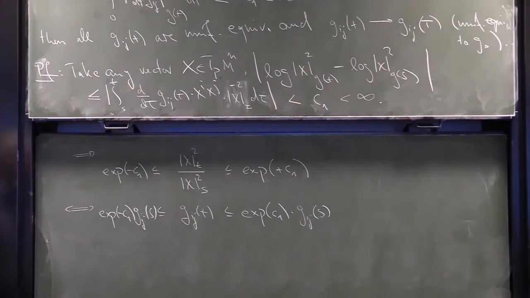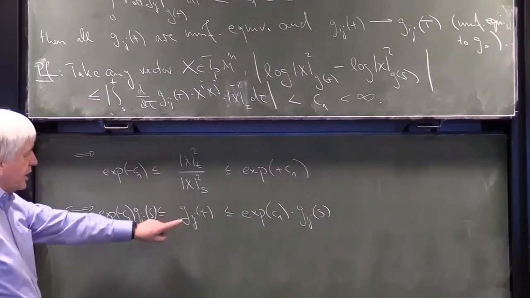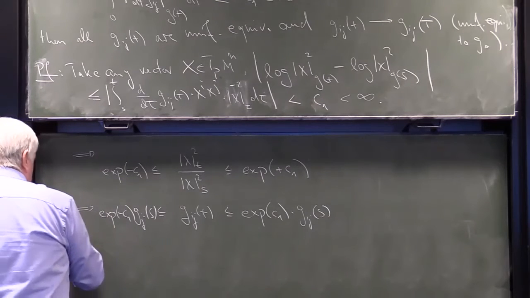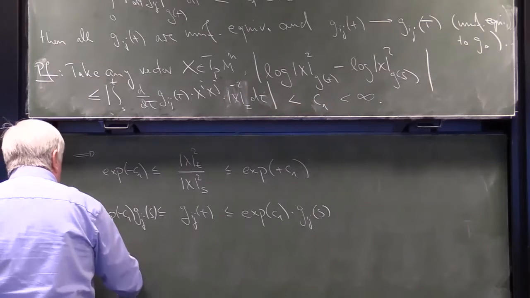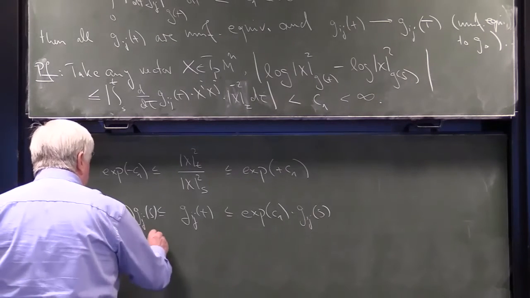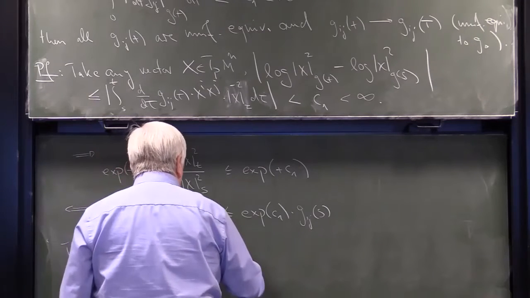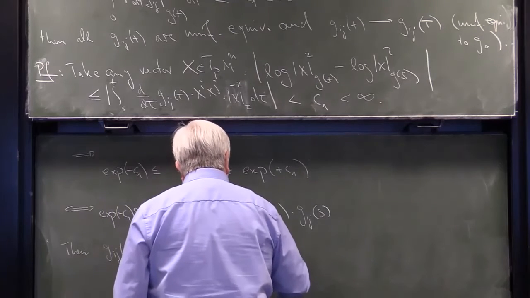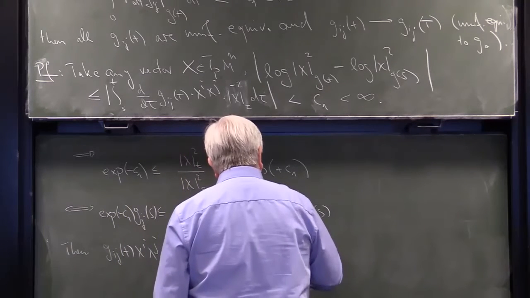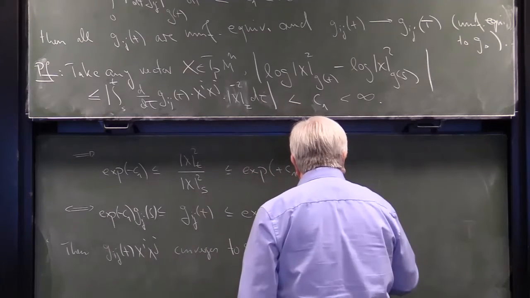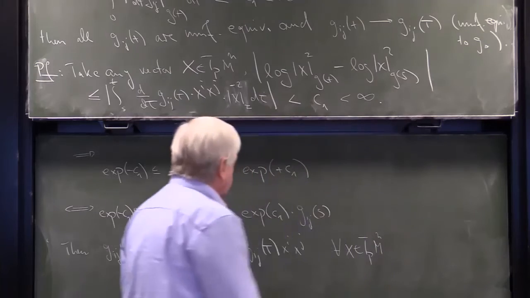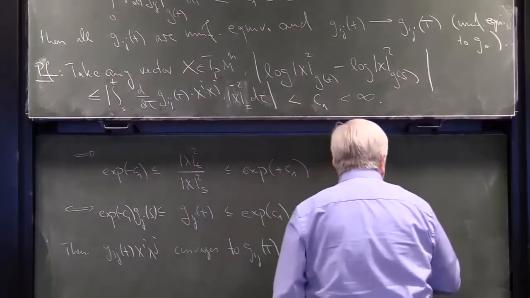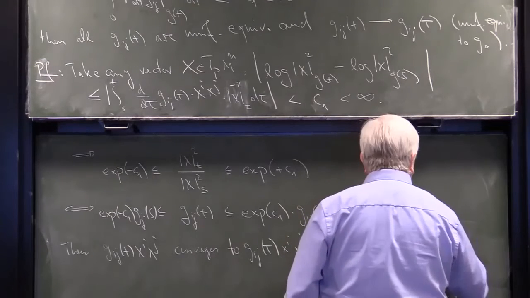Now, concerning the convergence, in the next step you see that because of this, gij(t) xi xj converges to gij(T) xi xj for all x in TM^n, and gij(T) satisfies star.